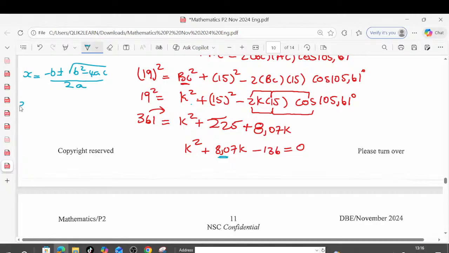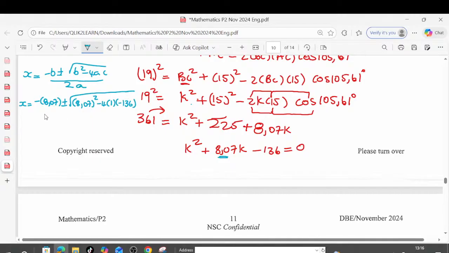So x is equal to negative, inside the bracket, 8.07 plus or minus the root of 8.07 squared minus 4 into 1 into C, which is negative 136.